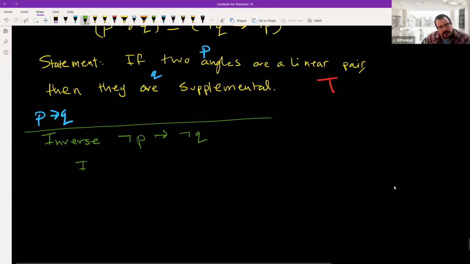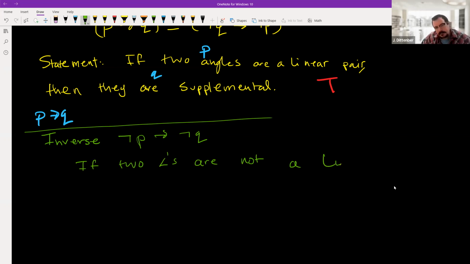If two angles are not a linear pair, then they are not supplementary.